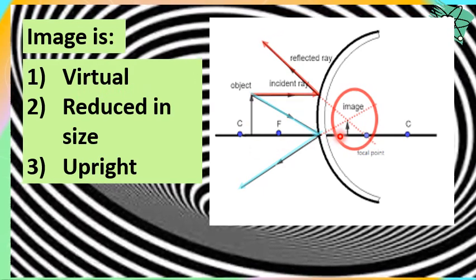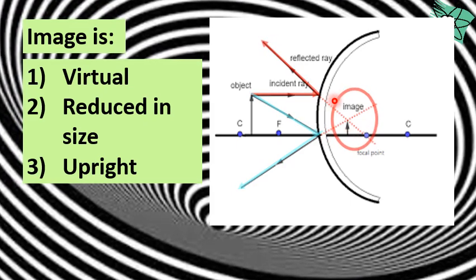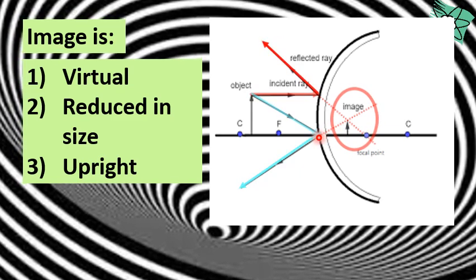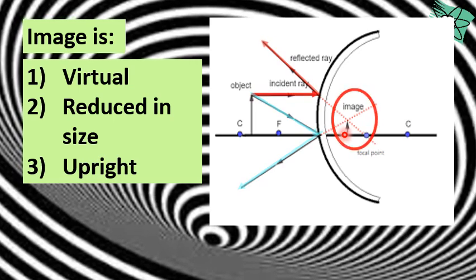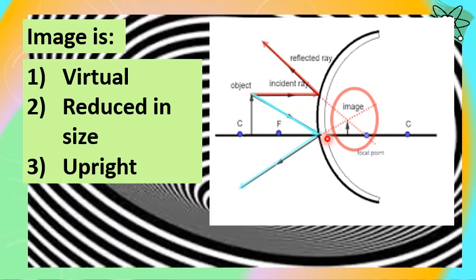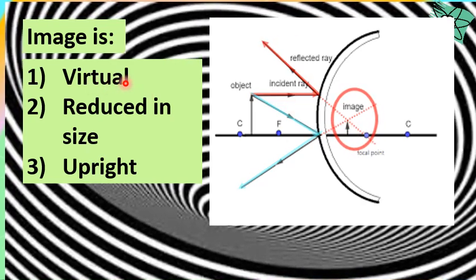If you're going to determine the image distance, how far this image is from the mirror, we call that the image distance. It's going to be a negative image distance. And a negative image distance, of course, suggests that the image is virtual or unreal.